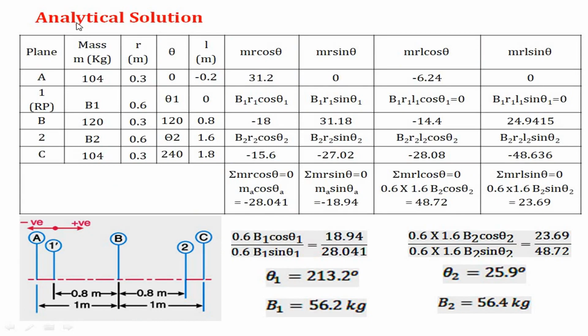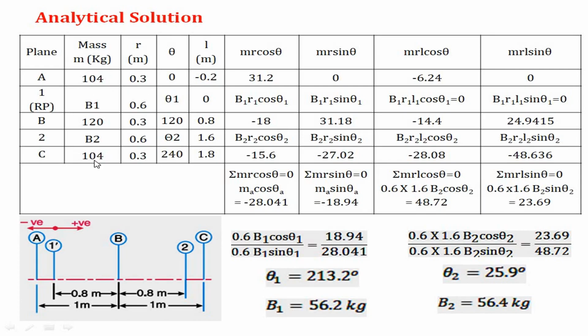First of all, we are going to see the analytical solution, in which the table has to be prepared in a similar way as we prepared in the previous example, where the first column represents the different planes, masses, radius, angle, length and so on. Here plane 1 has to be selected as the reference plane, as the values of mass and angle are unknown for us in this particular plane. Fine.